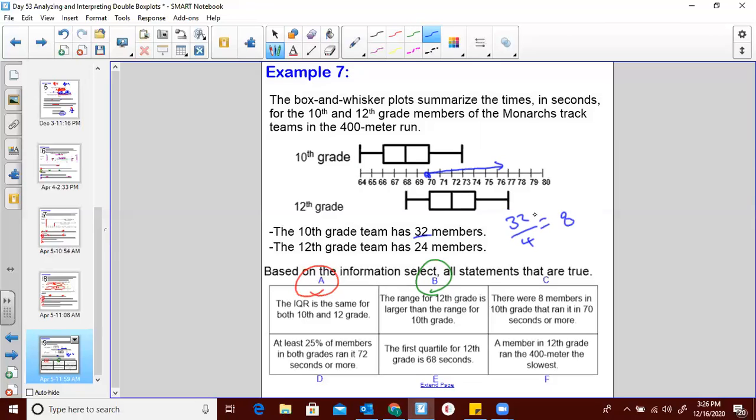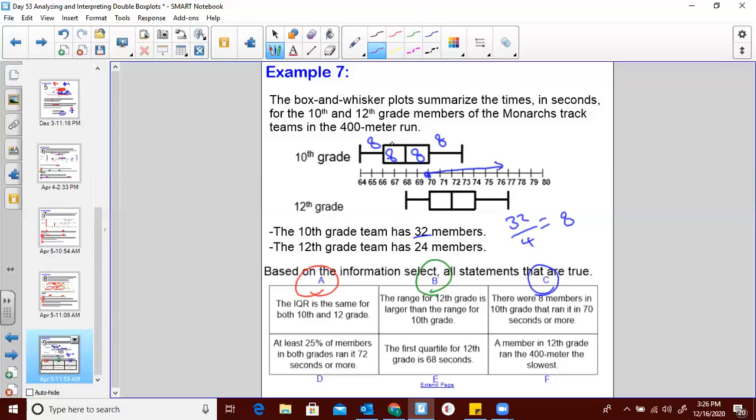Right, 8. So each section is worth 8. So it says there were 8 members in the 10th grade that ran it in 70 seconds or more. So it looks like C is also a good answer.